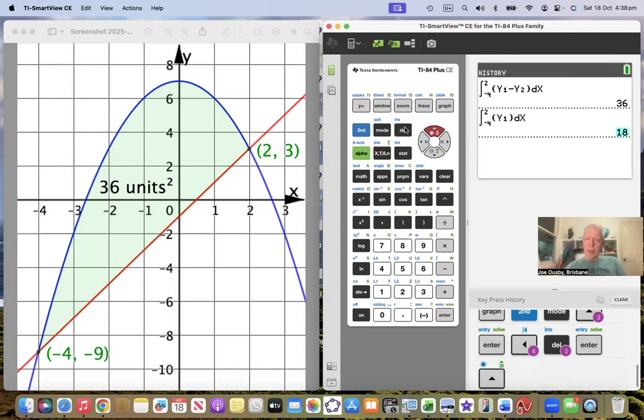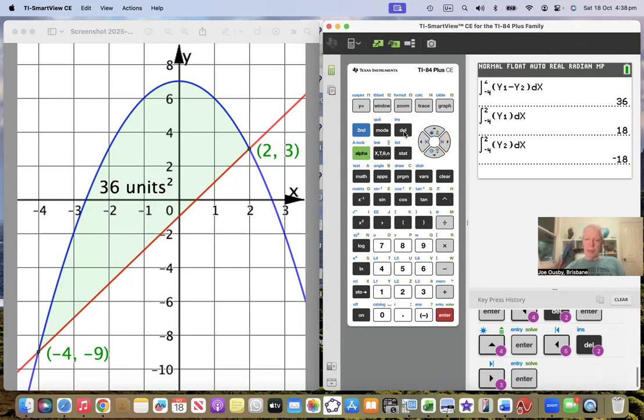And if we were to do the other one instead, integrate the y2 function from -4 to 2, it comes out as -18.